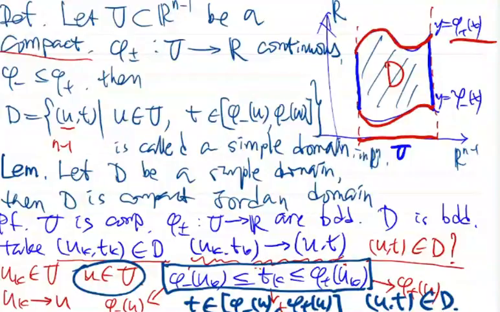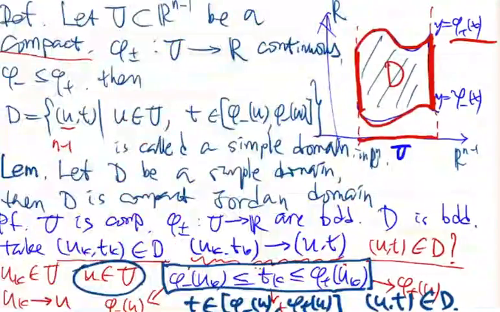And what about the vertical part of the boundary? I left this as an exercise for you to prove. The vertical part is denoted by sigma 0, with the upper part sigma plus and the lower part sigma minus.